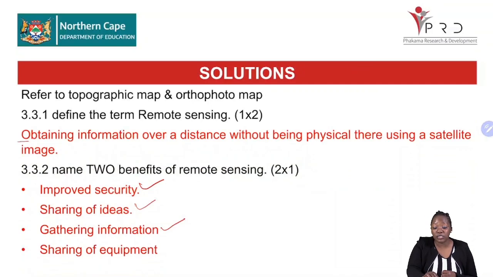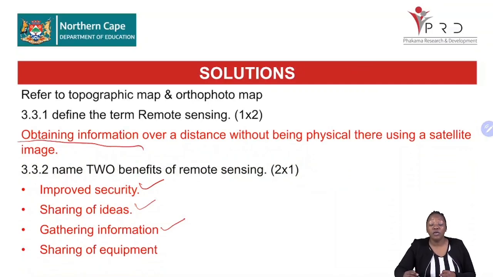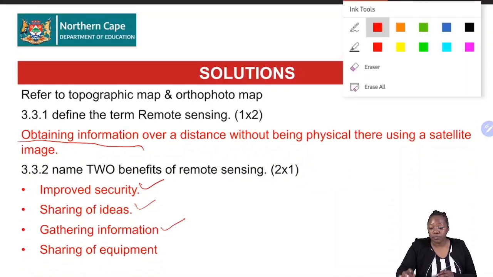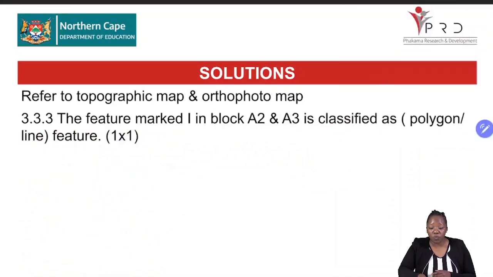Remember, the definition is obtaining information. So one of the benefits, we will be able to gather the information in a short space of time. And also we're looking at the sharing of the equipment. So once we have improved in terms of the security or in getting the information and also in securing this information, then we proceed to the next questions.